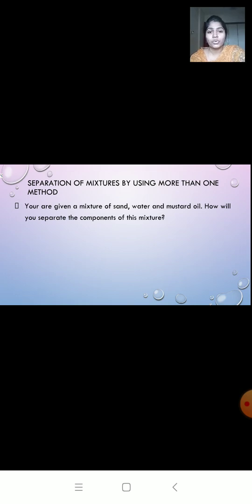As we just learned, we will pour that mixture in a separating funnel. Water, being heavier, will form the lower layer and mustard oil, being lighter, will form the upper layer. So we can separate water and mustard oil by using a separating funnel. We can separate sand by filtration, and oil and water by separating funnel.